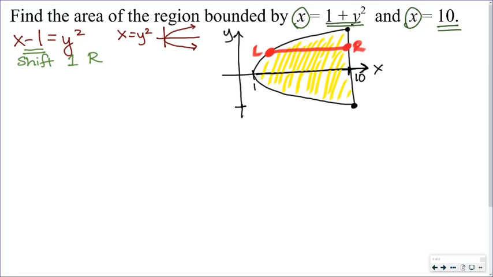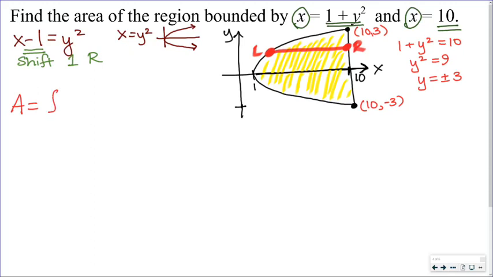So I have 1 plus y squared equals 10, or y squared equals 9, so y is plus or minus 3. So this is (10, 3) and (10, negative 3). So for this integral, the y values go from negative 3 to 3.